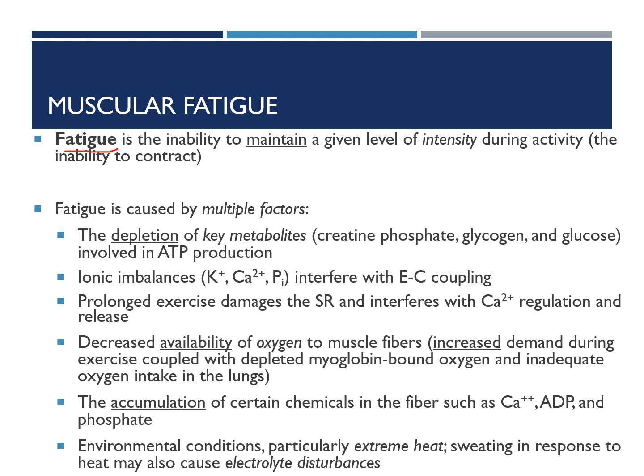And fatigue is caused by a number of factors. Key among them are the depletion of important metabolites like creatine phosphate, glycogen, and glucose, which are all involved in ATP production. Remember, if you don't have enough ATP in your muscle fibers, then they can't complete the cross-bridge cycle and contract.